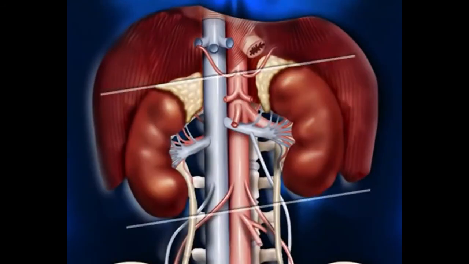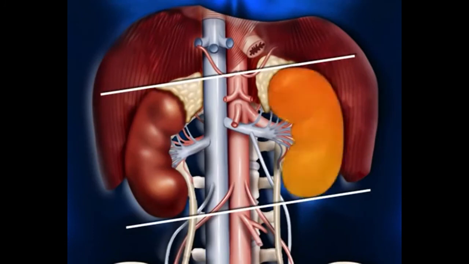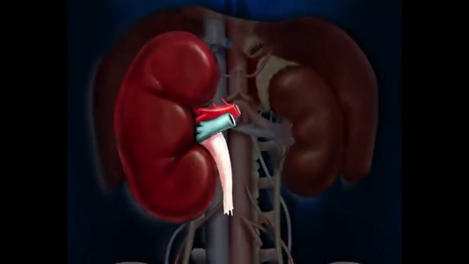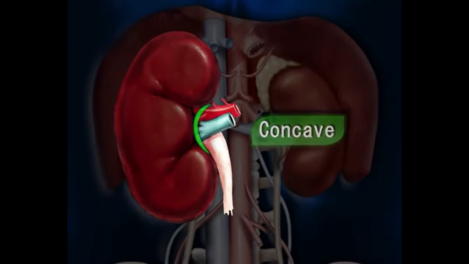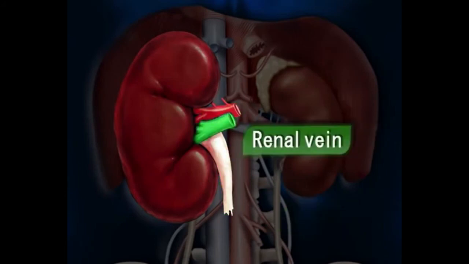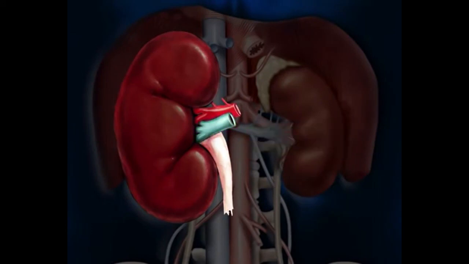Their position is slightly asymmetrical. The left kidney is placed a little higher than the right. The outer surface of a kidney is convex and the inner surface is concave. The inner surface has a deep notch. Here you can see the ureter, renal artery, and renal vein entering the kidney through this notch.